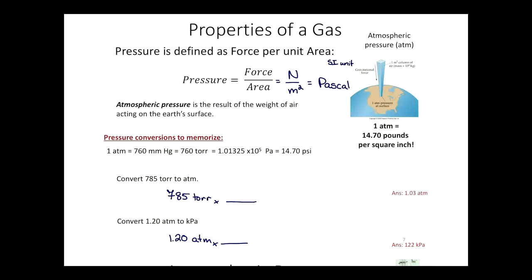Pascal isn't really used that much in the gas world, mainly because humans are selfish, and we typically talk about pressures in terms of atmospheres. Specifically, an atmosphere is an Earth atmosphere, because we think our Earth is number one. The pressure of our earthly atmosphere comes from the gas particles of the air that surround us.